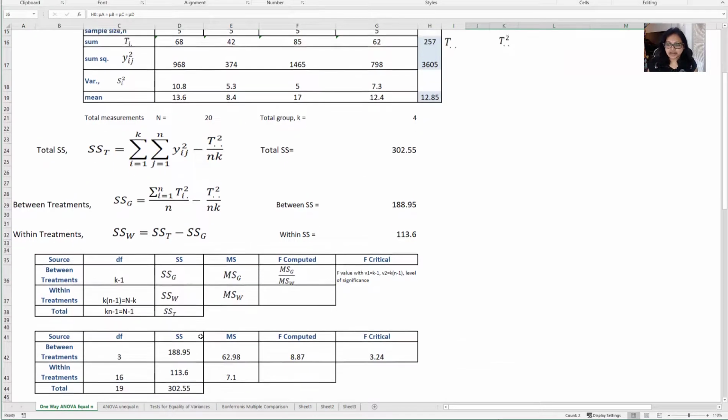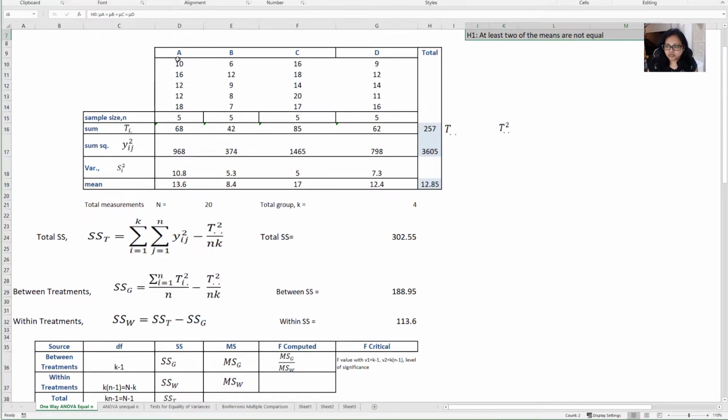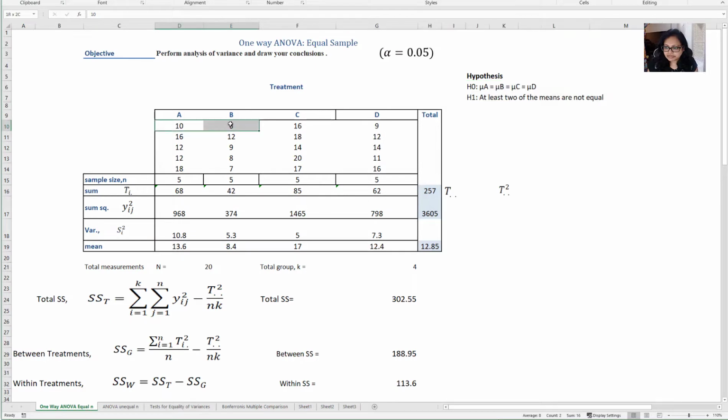We could have variation between treatments, that means treatment A to treatment B, or we could have variation within group, that means within the observed values. So they could be different from each other. How much variation is going on, we also need to account for that.